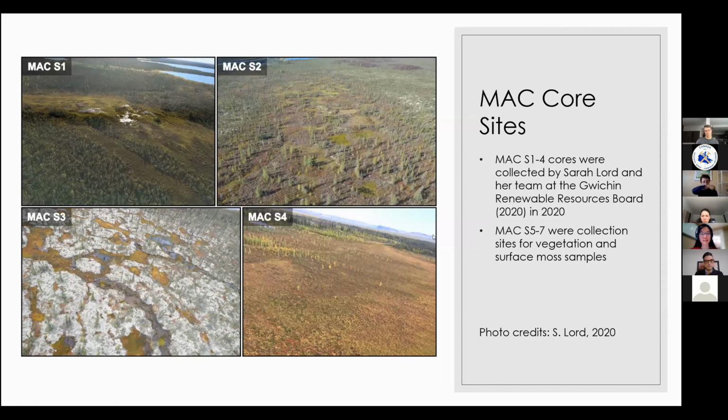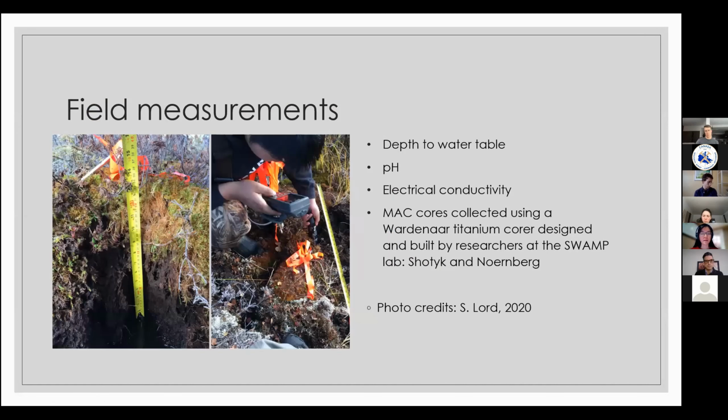There are 4 sites that were collected, but there are also sites 5 to 7, which were for vegetation and surface moss samples. These cores were collected using a titanium core, and in the field, the team measured depth to water table, pH, and electrical conductivity.